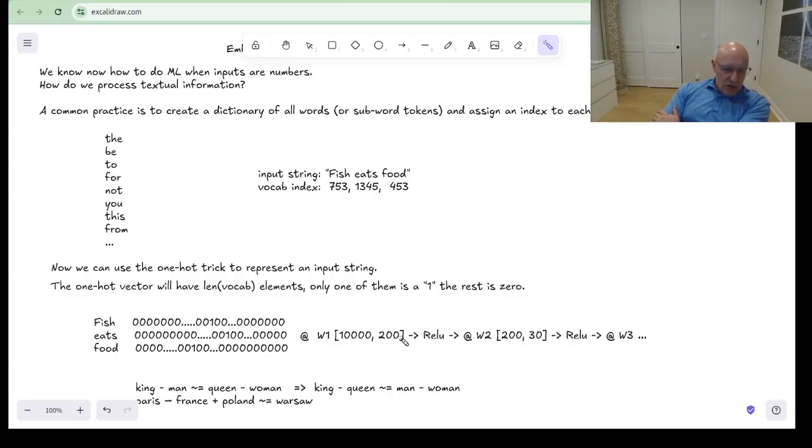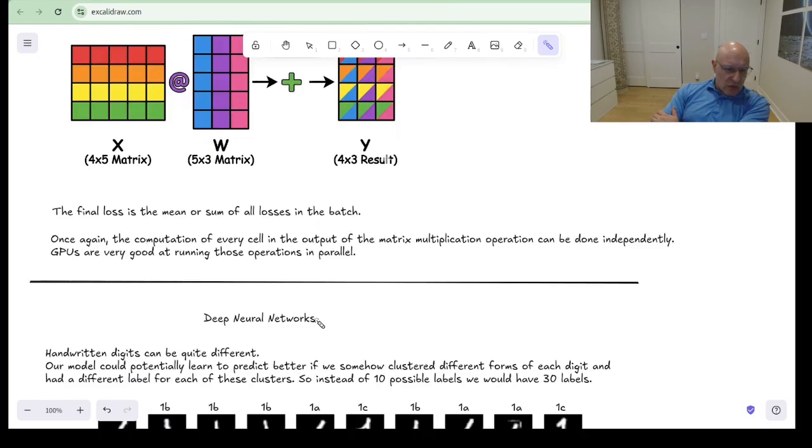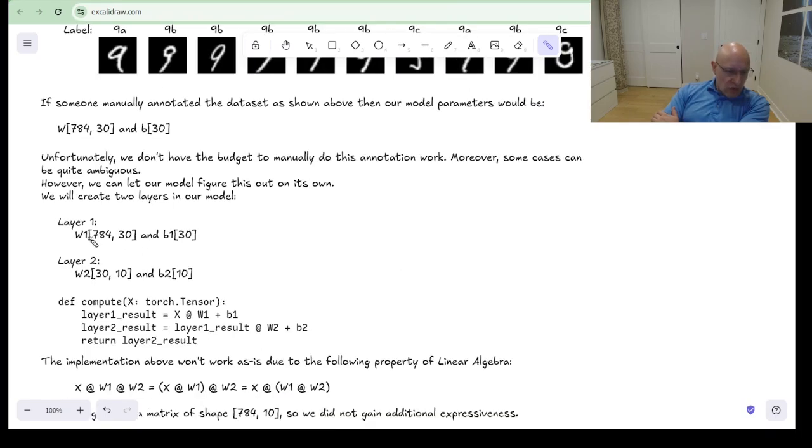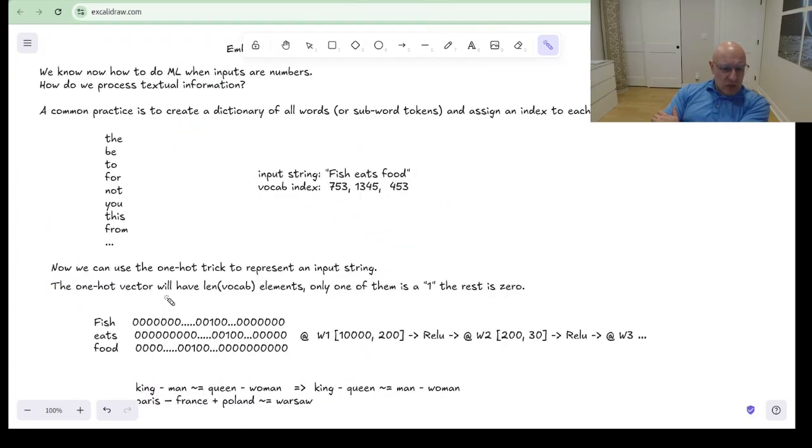And then my model can shrink it further, going to 30 features and beyond. Like we saw in the previous example, we went from input pixels of 784 to just 30 features, and then from 30 to 10 digit predictions. This is something similar, but first I'm going to 200 features.